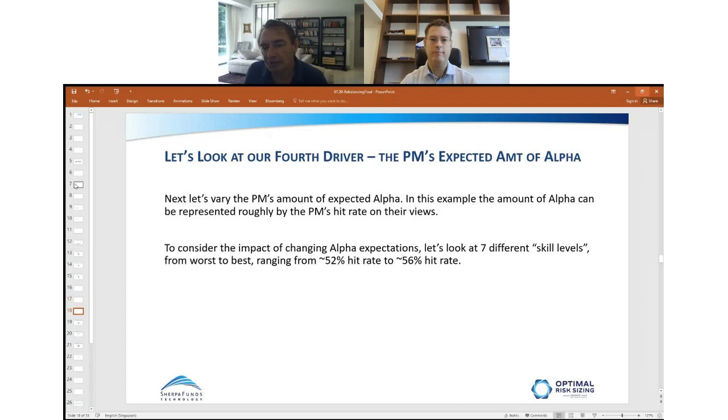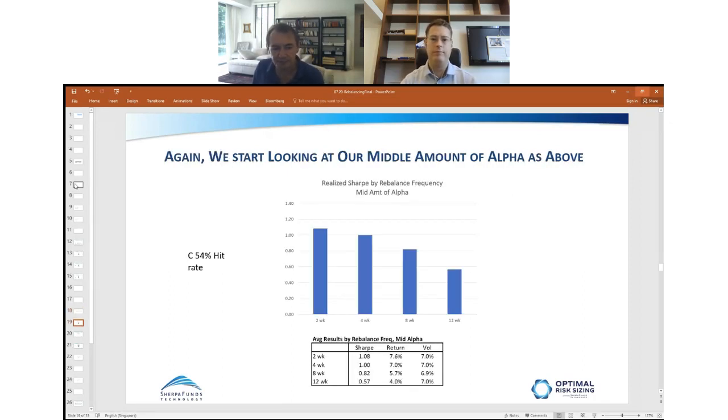Now let's hold everything else constant and look at what happens as we change our alpha, our hit rate, effectively. For this set of decisions, let's go from 52% to around 56% hit rate across different skill levels, or quantums of alpha, whatever you like to call it.